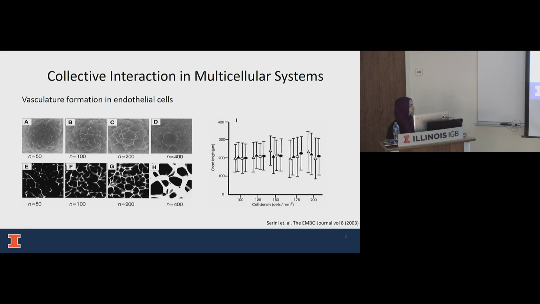All of these studies suggest that there is a crucial dependence on the number of cells in the formation of these different sorts of collective interaction. In fact, they suggest that there exists a critical number of cells or cell density that regulates this sort of collective behavior. And beyond this critical value, no collective interaction emerges.